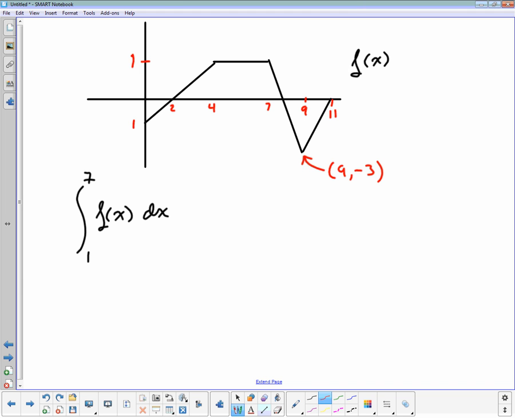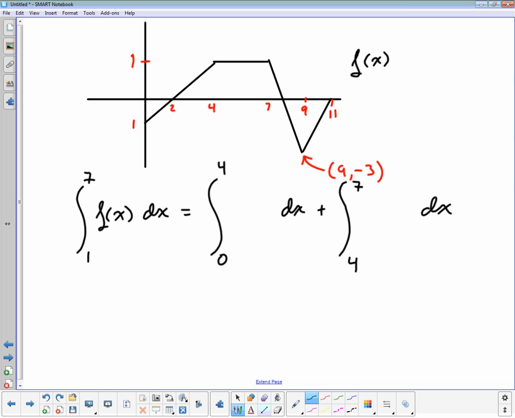Well, let's break this up into smaller integrals. From 0 to 4 of some function, and from 4 to 7 of some other function. Okay, and we'll find out what those functions are. Because we're not going to find one nice happy function that does it.